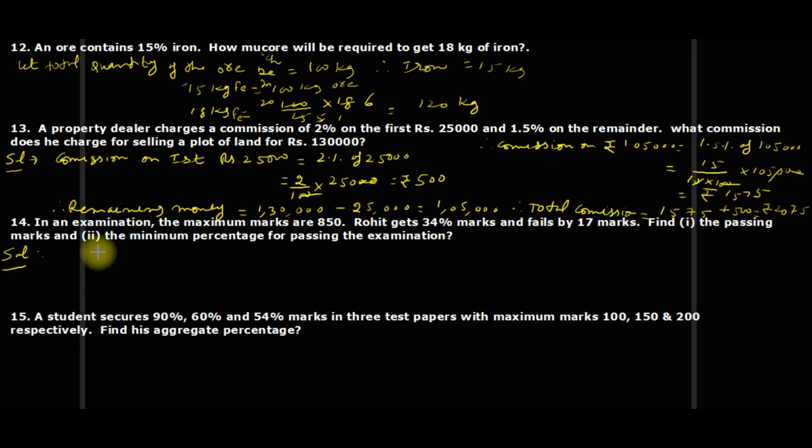therefore passing marks would be 34% of 850 total marks plus 17 marks.